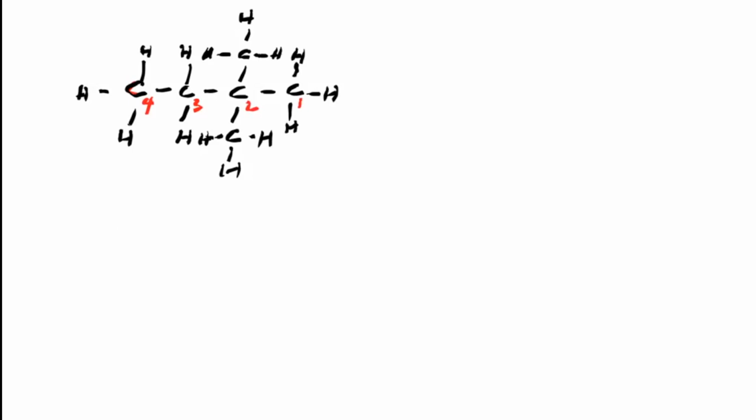On carbon 2, we have a methyl. On carbon 2, again, we have another methyl. So we said 2, 2, and di to say it's 2 of them, dimethyl. 4 carbons is the longest chain, so it'd be 2,2-dimethylbutane.